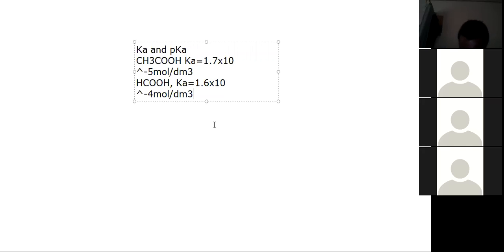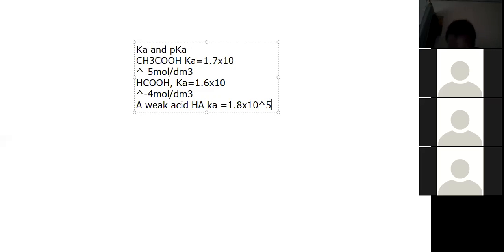Now let's solve one or two questions under this. A weak acid HA has dissociation constant Ka equal to 1.8 times 10 raised to the power minus 5.